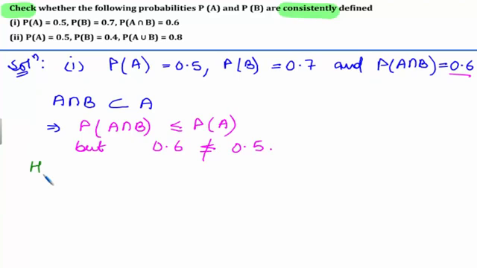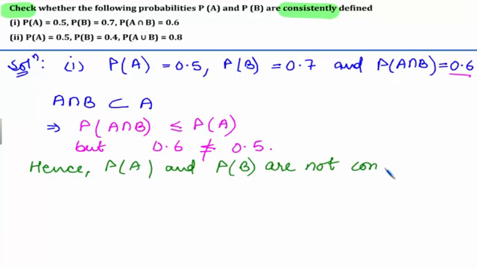Hence, for the first part, probability of A and probability of B are not consistently defined.